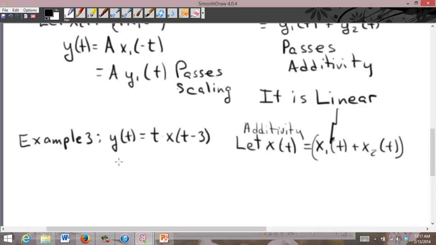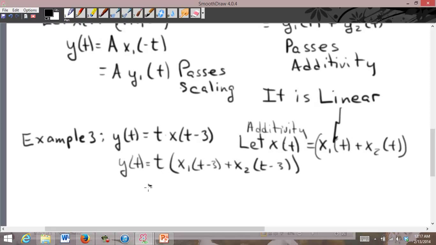So then y of t is equal to t times x1 of t minus 3 plus x2 of t minus 3. Now, to make this look something like y1 and y2, I have to distribute t over the sum.